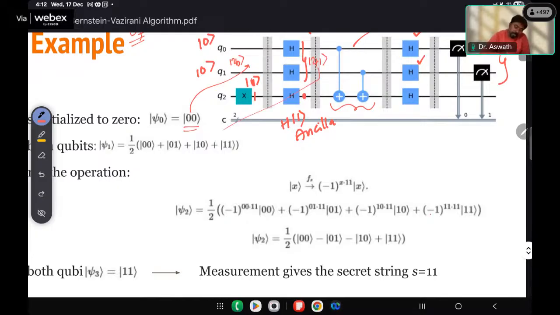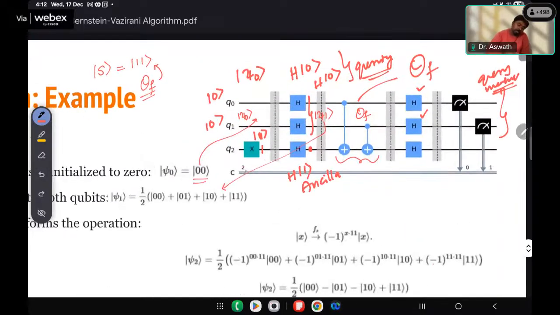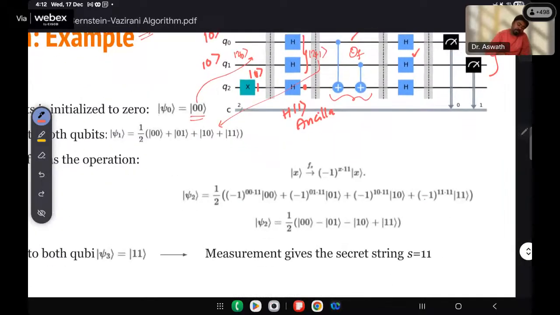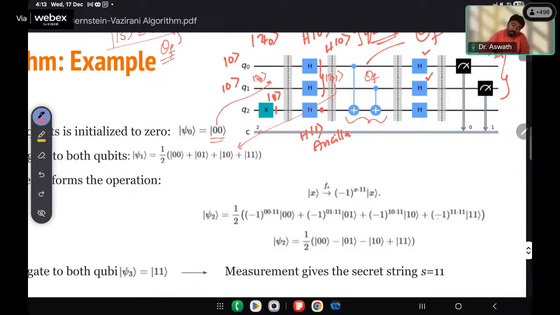So that is here. Now comes the oracle function, which has the information of the shift function or shift vector. In fact, it is two control NOT gates running between the queries to the target.